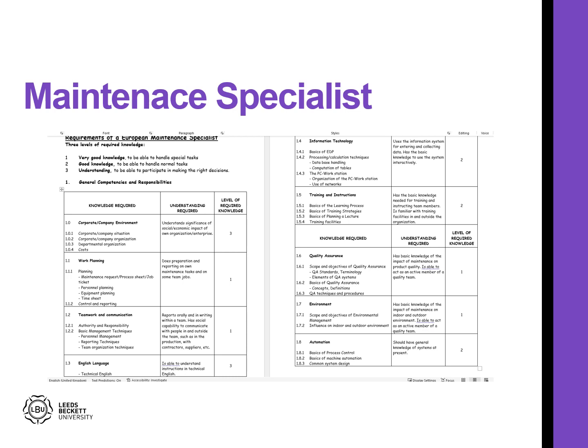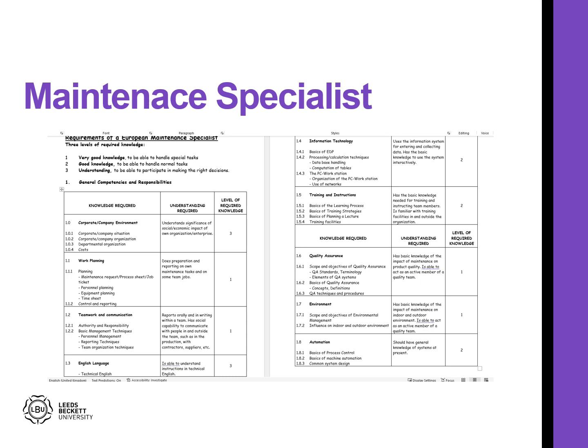This is sort of an example of what a maintenance specialist would require at particular levels. It's sort of a job description to some extent, but it also gives an idea of if you want to be a European maintenance specialist, you've got to have level 3 at certain descriptions, and level 1 and 2 and 3.